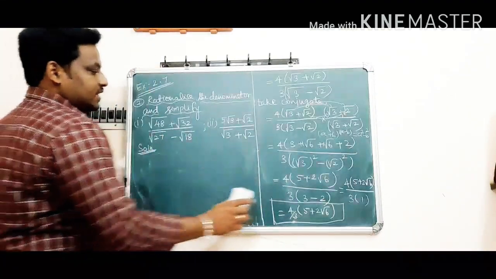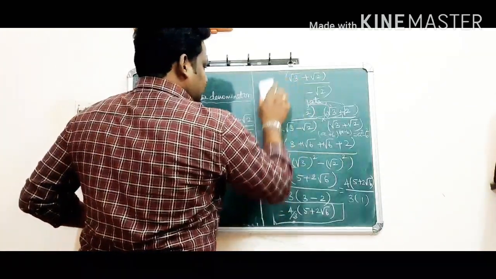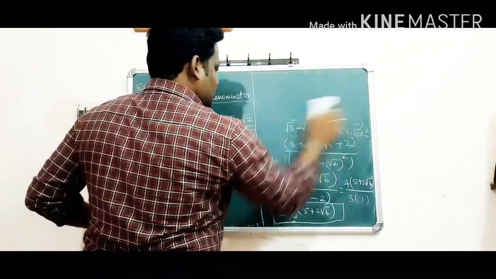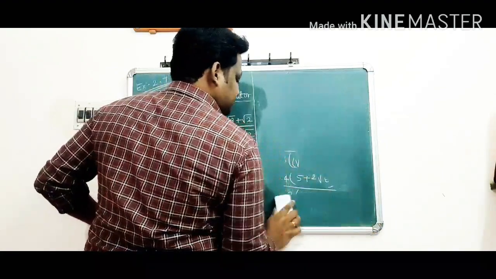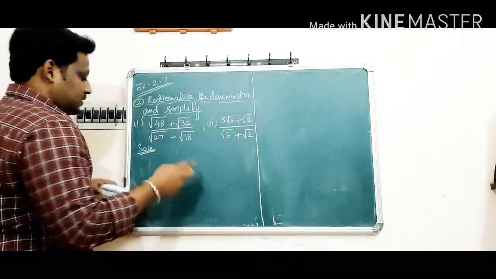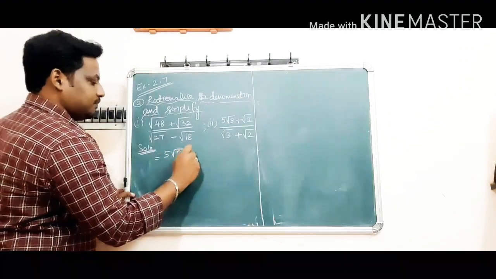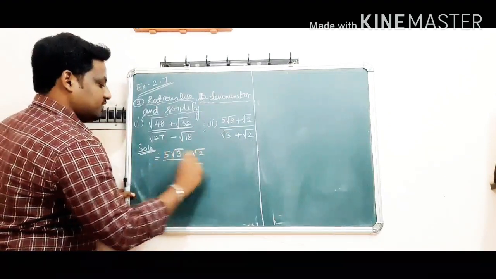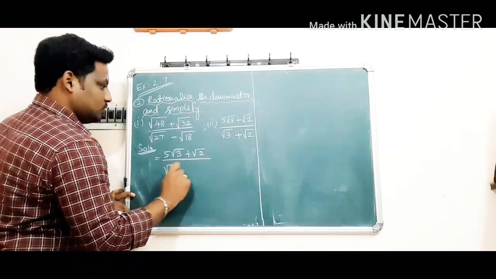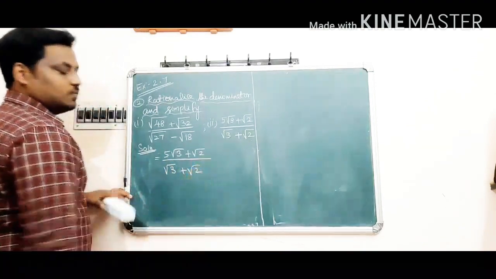5 root 3 plus root 2 divided by root 3 plus root 2.